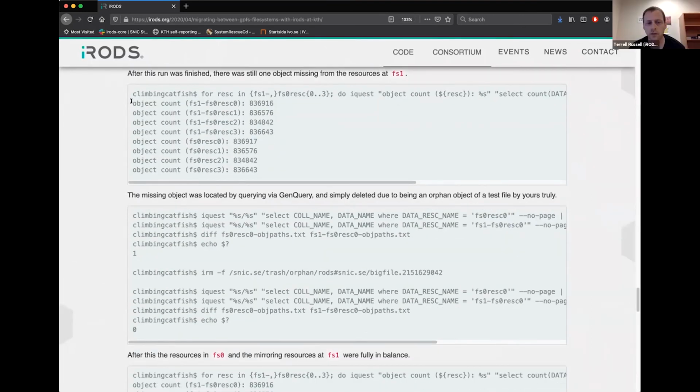So this is a blog post on iRODS.org about the same work that Ilari just spoke about. You can find it in the news section. It's around 835,000 times 4, so that was about 3.2 million data objects that were migrated, and this is about half of the total, because they are approximately split half and half between the two file systems.